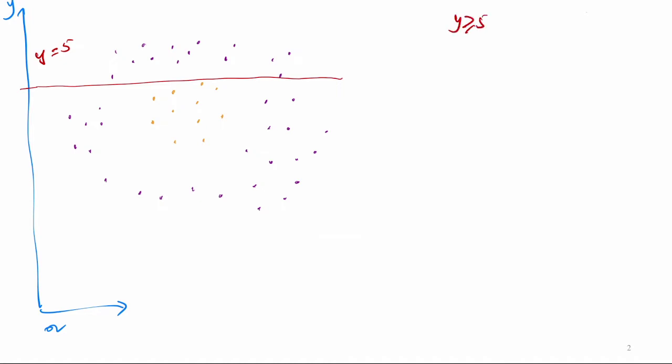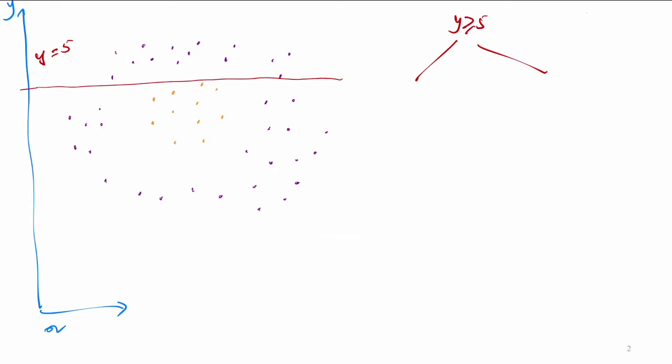This separates our data set into, let's see, 1 2 3 4 5 6 7 8 9 10 11 12 13 14.